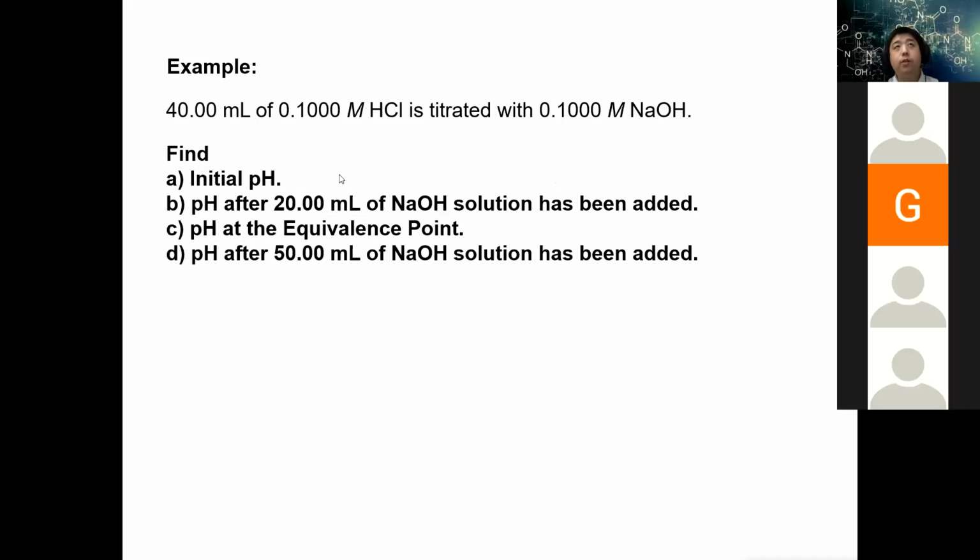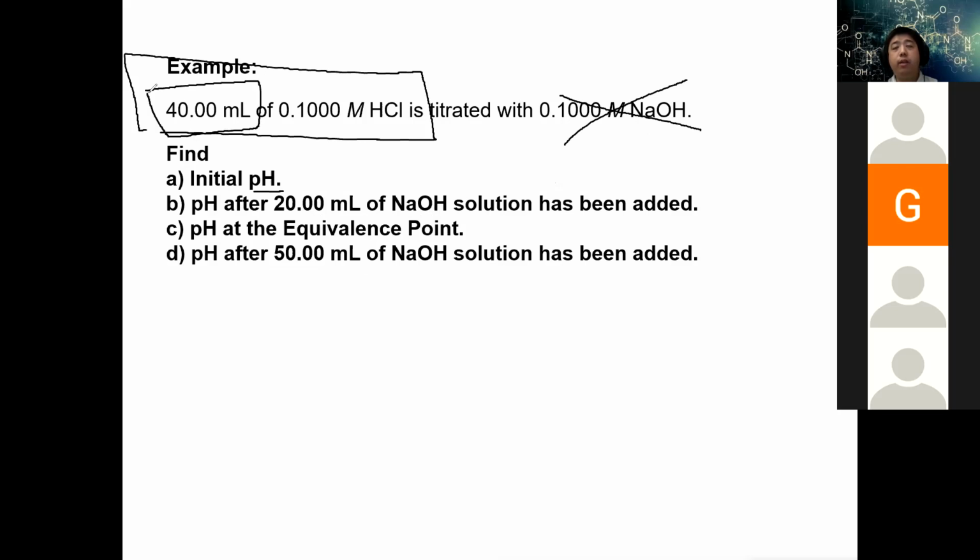Okay, so for our very first one, let's go ahead and do the calculation. I am looking only at this. I have no NaOH present, so I don't need to worry about that. If I'm looking for the pH, do I really need to care about the volume here? Does that matter as much? No, right? And since this is a strong acid, we assume that this concentration of my HCl should equal this concentration of my H+.